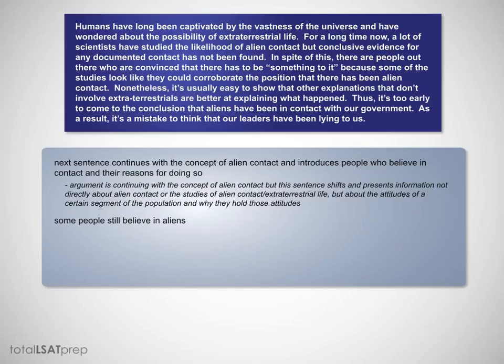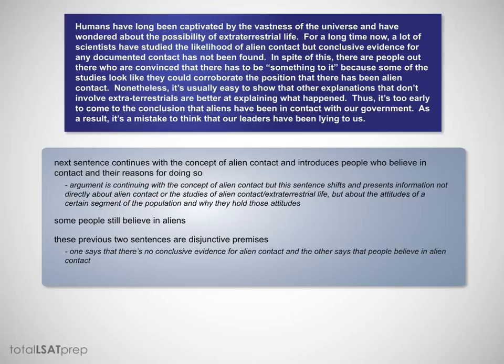Some people still believe in aliens. And if you noticed, these previous two sentences are disjunctive premises, and we went over them in the previous video, since they hold contrasting views on a particular topic. One says that there's no conclusive evidence for alien contact, and the other says that people believe in alien contact.